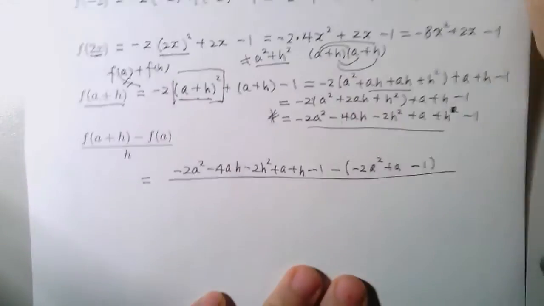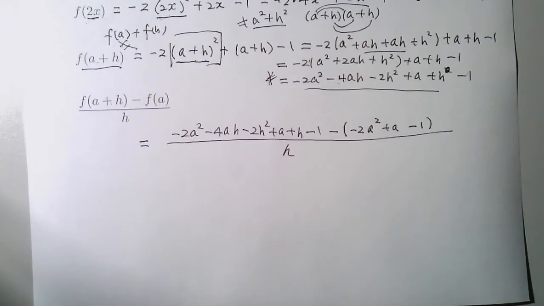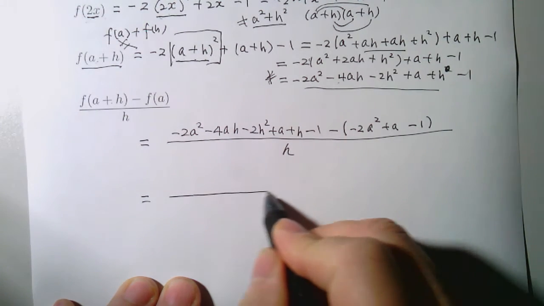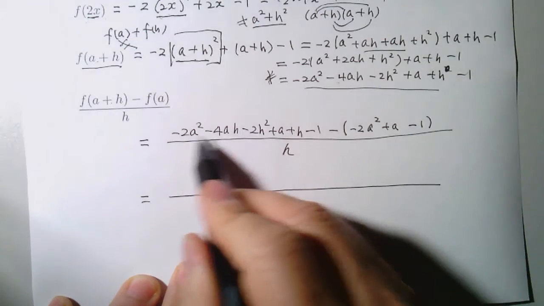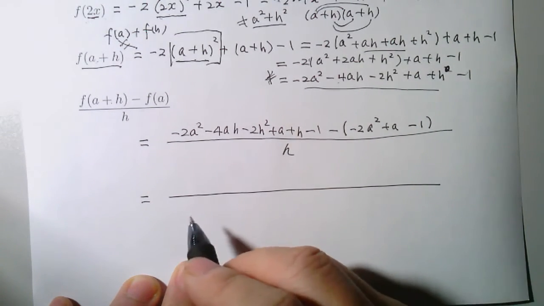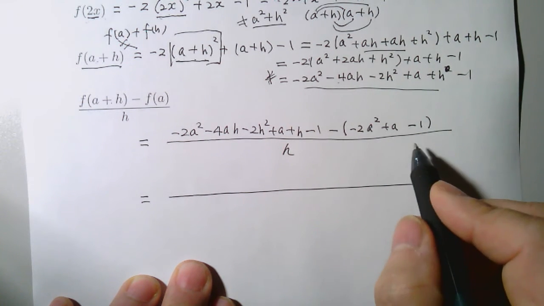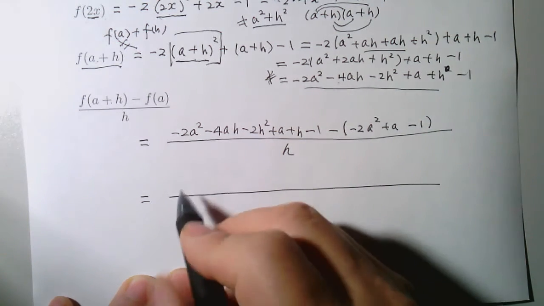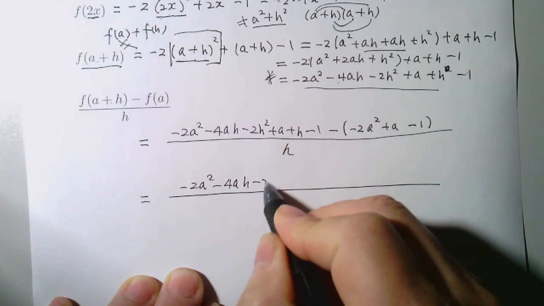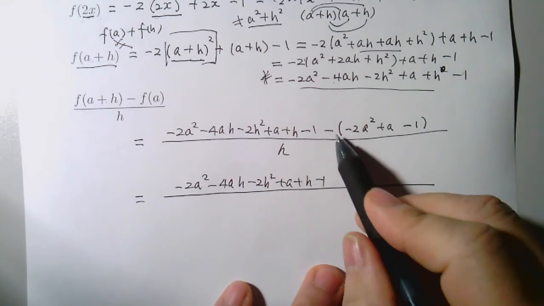So now we're going to simplify the numerator. That part we can't simplify because there are no like terms to combine. But we want to get rid of this parenthesis so we can combine like terms here: negative 2a squared minus 4ah minus 2h squared plus a plus h minus 1, and minus.